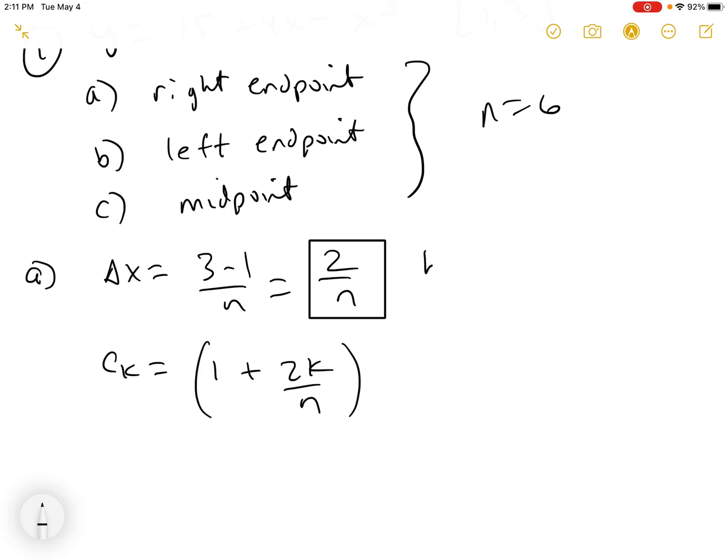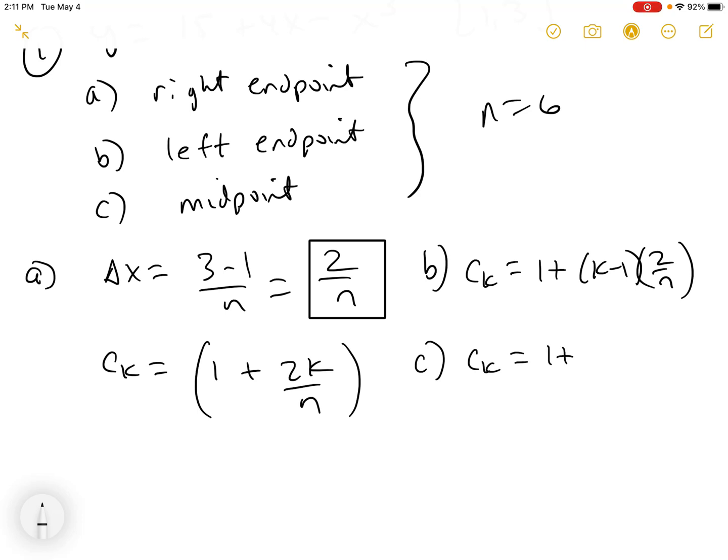For B, c sub k is the left-hand endpoint: 1 plus (k minus 1) times 2 over n. And for C, the midpoint, c sub k is 1 plus (2k minus 1) over 2 times 2 over n. So those are the relevant endpoints.